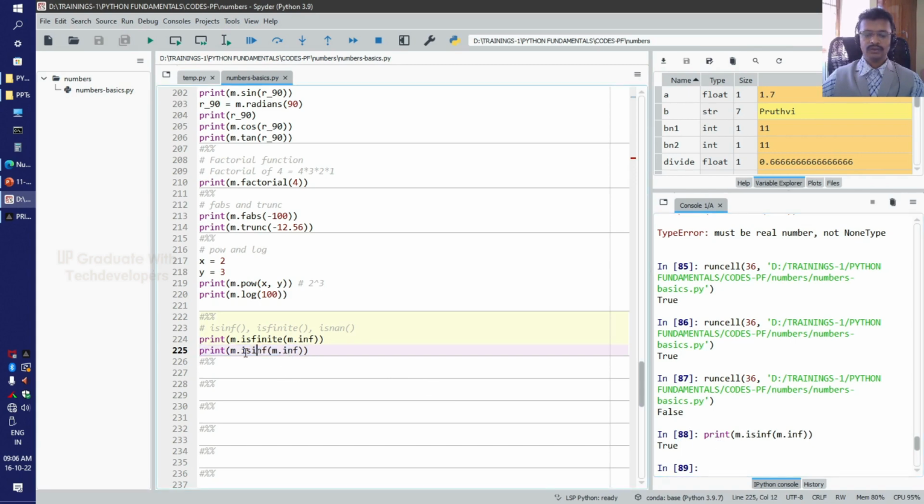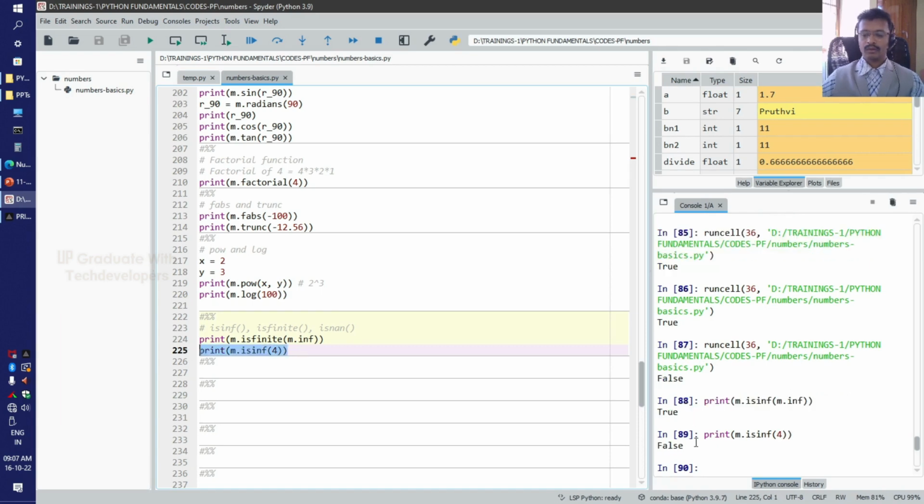Infinite is infinite. We are checking the infinite value using isinf. If we use something other than an infinite value, for example 4, then we got false, because 4 is not an infinite number.